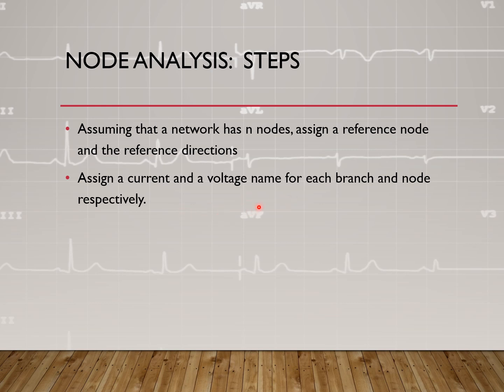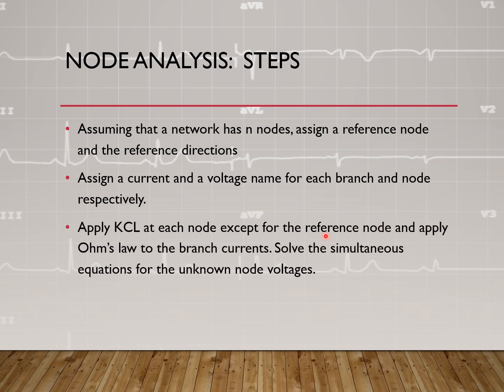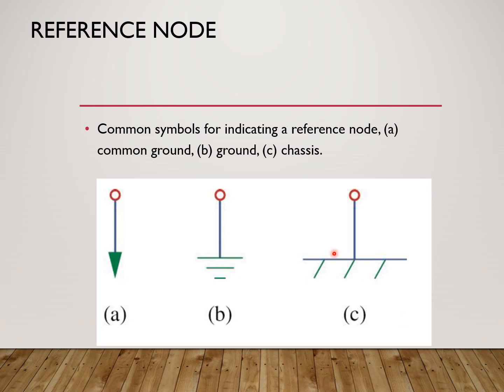For the nodes, we call the voltages V1, V2, and so on, and the currents I1, I2, and so on. Apply KCL at each node except the reference node. You do not apply KCL at the reference node. Apply Ohm's law to the branch currents and solve the simultaneous equations. Using these voltages, find the branch currents required. Basically, node analysis is nothing but the application of KCL only.